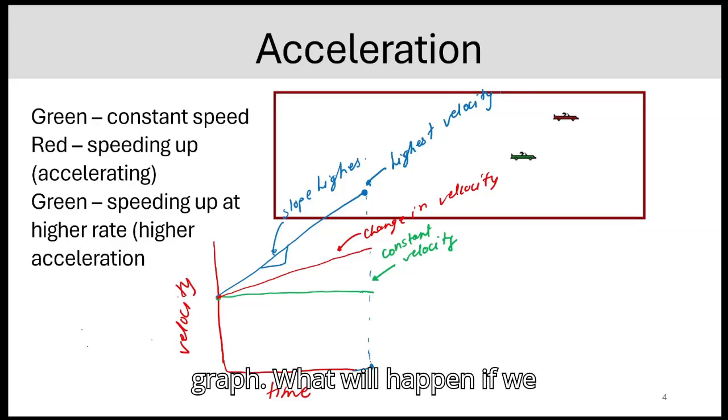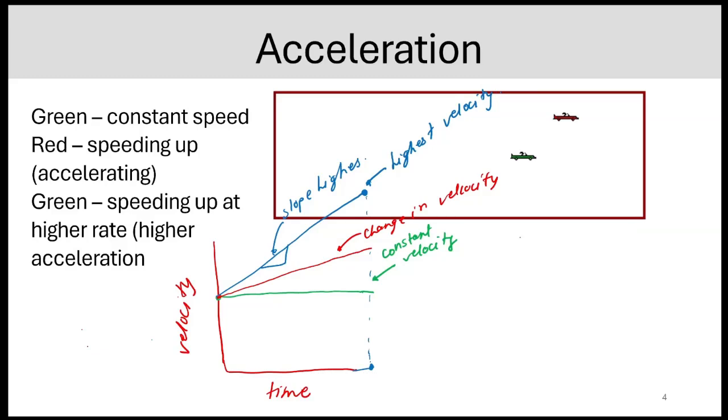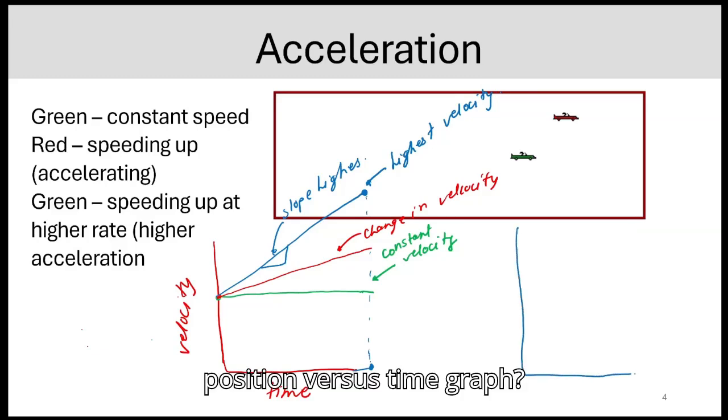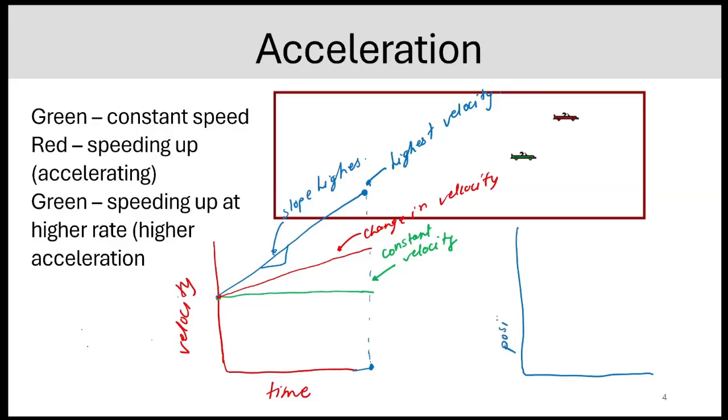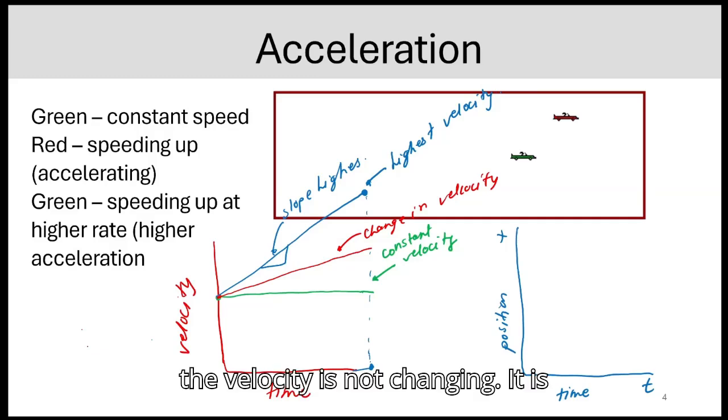What will happen if we were to plot a position versus time graph? Now for constant velocity, we know the velocity is not changing.